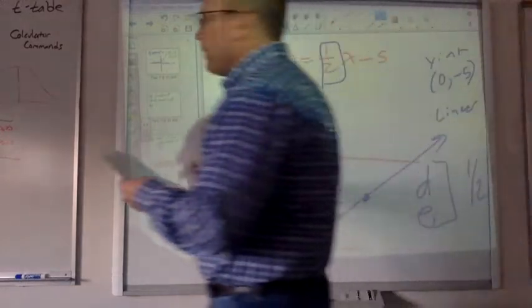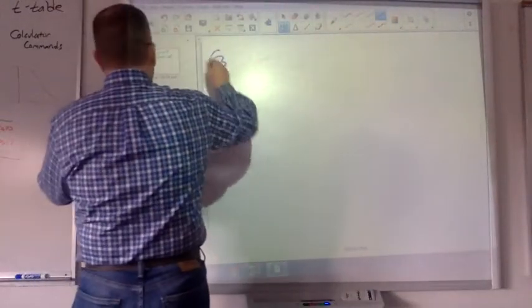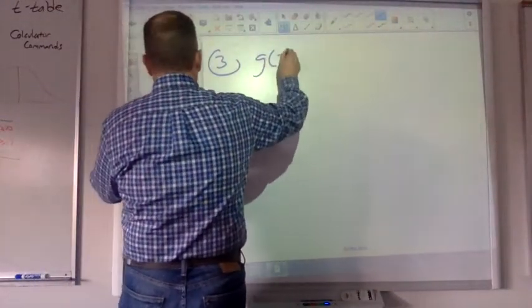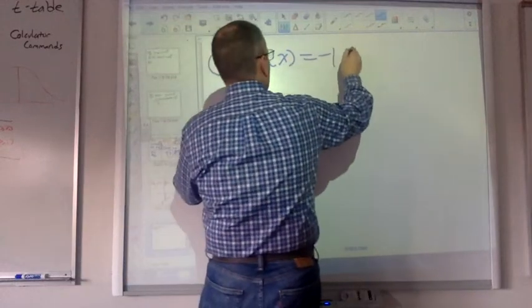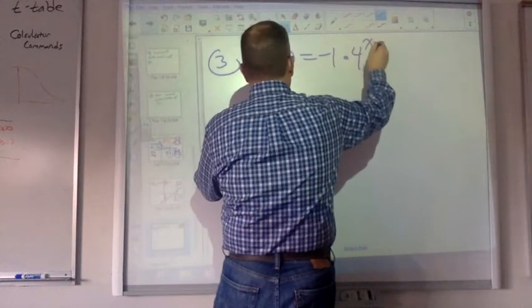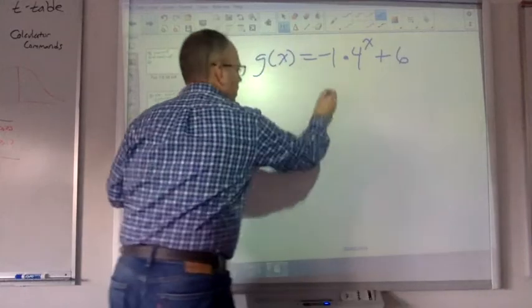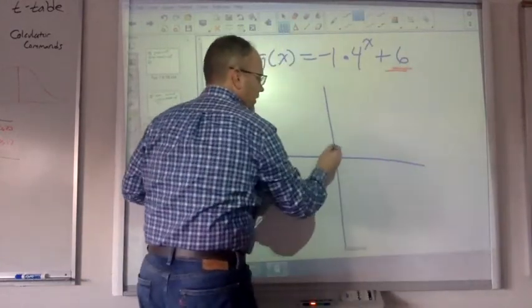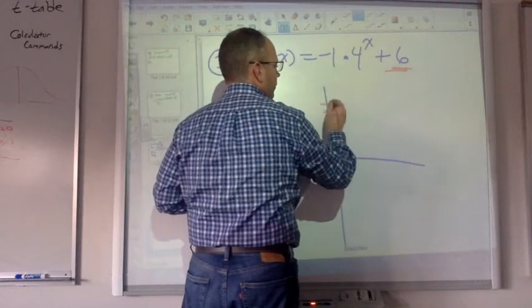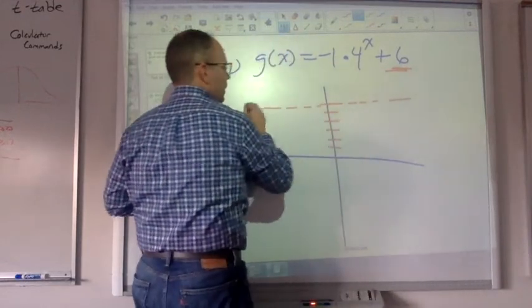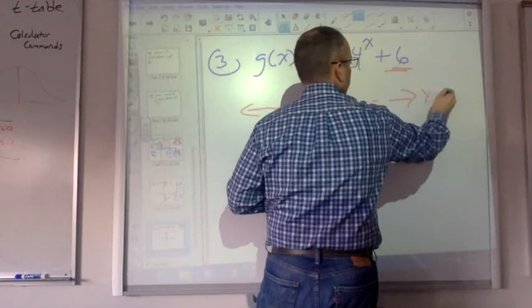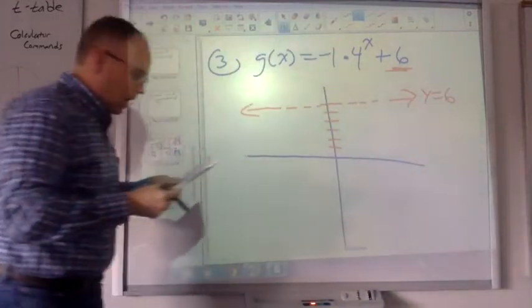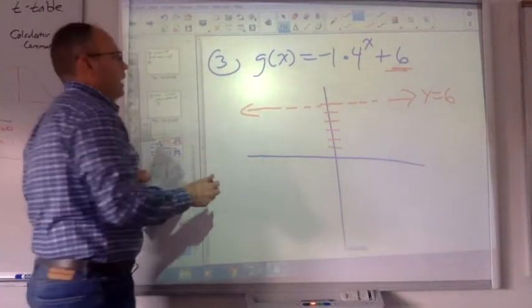Number 3. I have g of x is equal to negative 1 times 4 raised to the x, plus 6. Okay, so I have that right there I have to contend with. Let's plot some points.